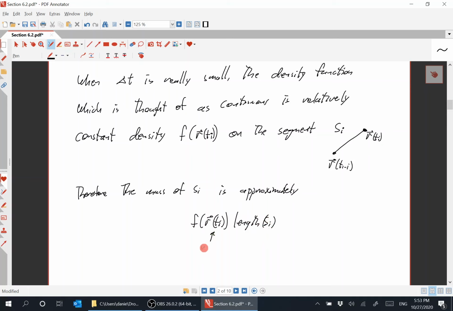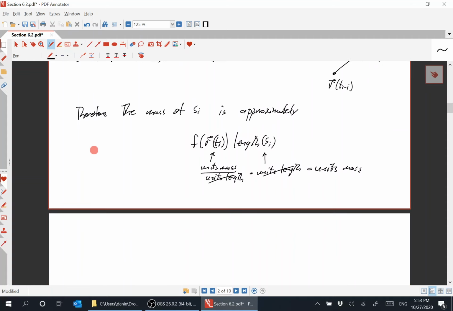This is in units mass per units length times this, which is in units length. And those labels cancel, and that gives you units mass. Things become a lot easier when densities are constant, so it's sort of constant on each one of those little intervals.